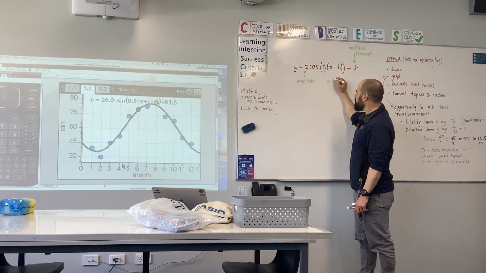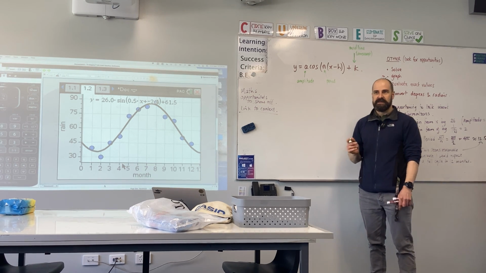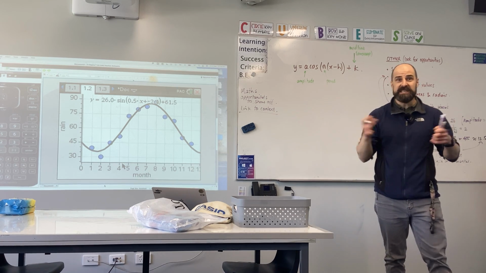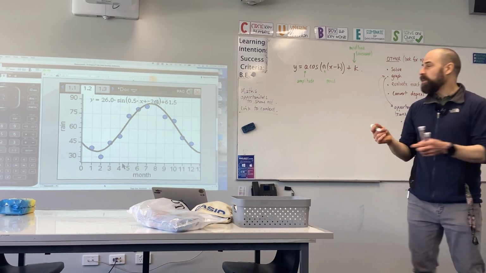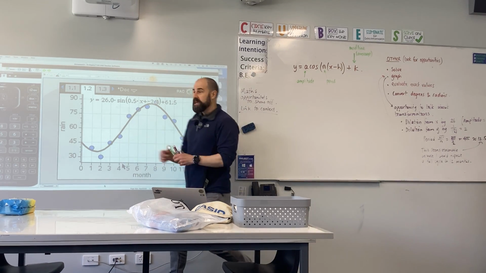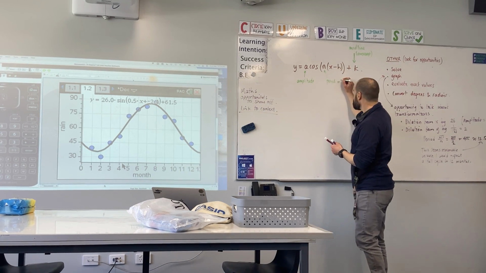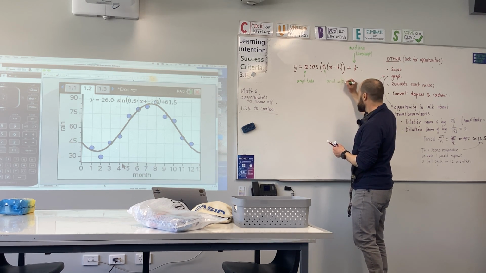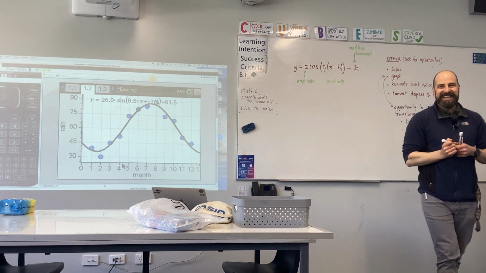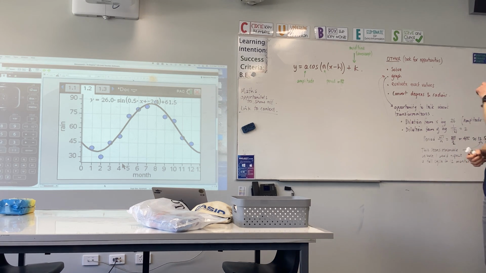What would we expect the period to be? What would you naturally expect the period to be? We'd expect it to be 12. How do I find out what n is if the period's 12?